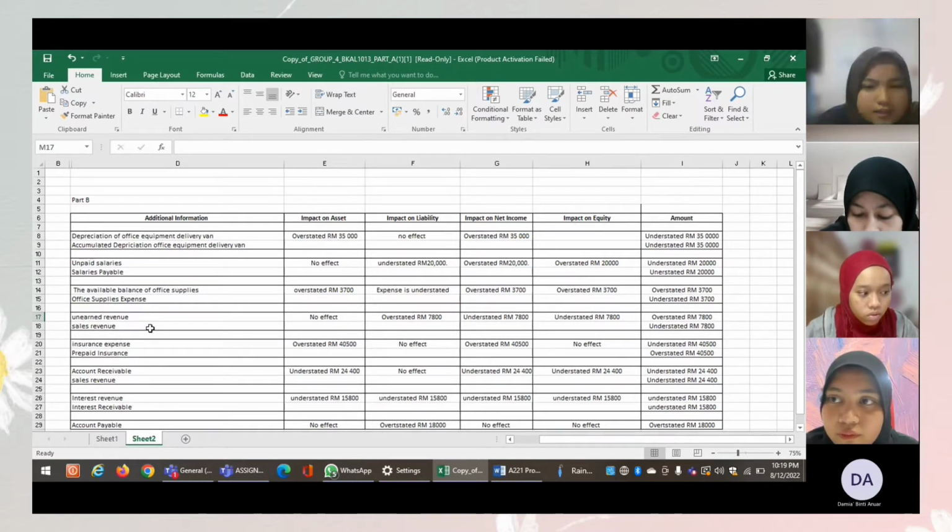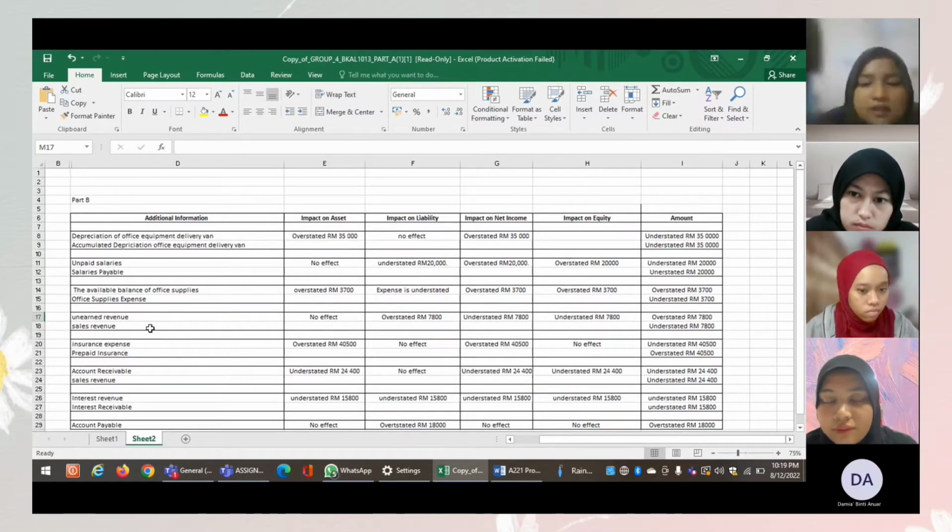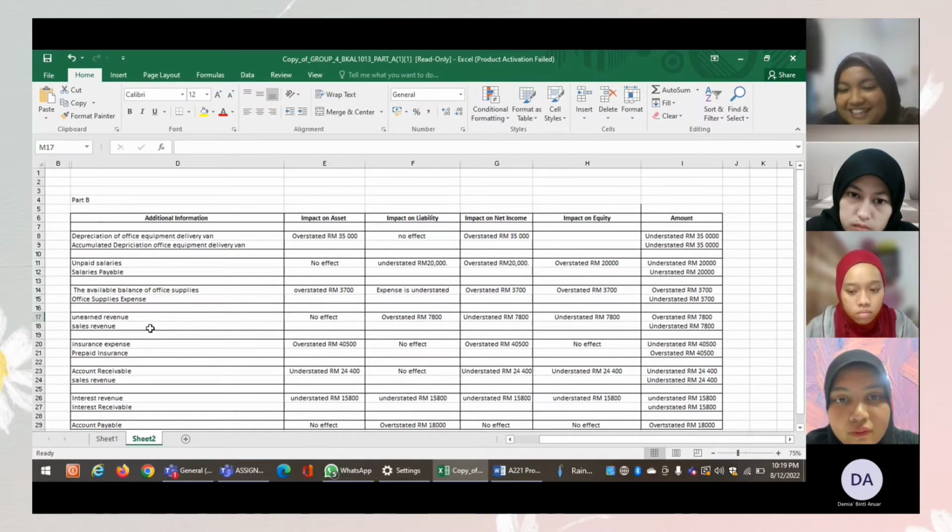Then impact on net income, overstated RM3,700, and impact on equity, overstated RM3,700. For amount, the available balance of office supplies will be overstated 3,700, and office supplies expense will be understated 3,700.